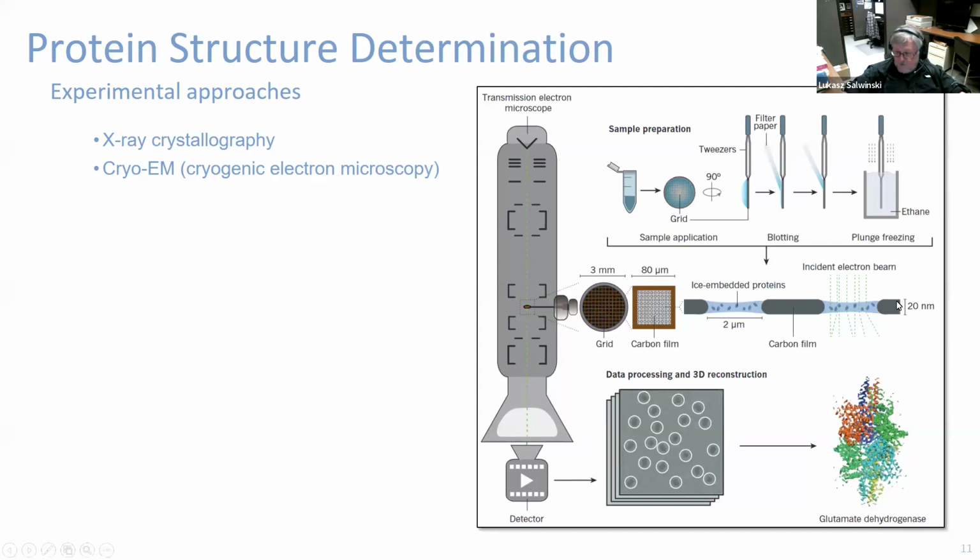And if you squint, you're going to see a cross section of an EM grid with your sample. There's a layer of water in the spacings between the metal support or carbon film that's used to provide a finer support with small openings.